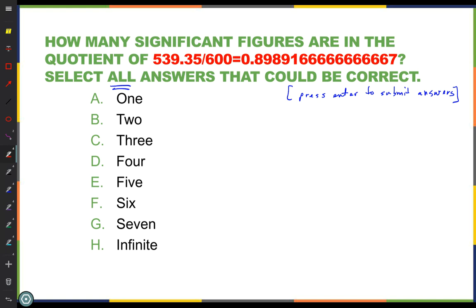Select all of them that you see. Okay, I'll just give it another 5 seconds.